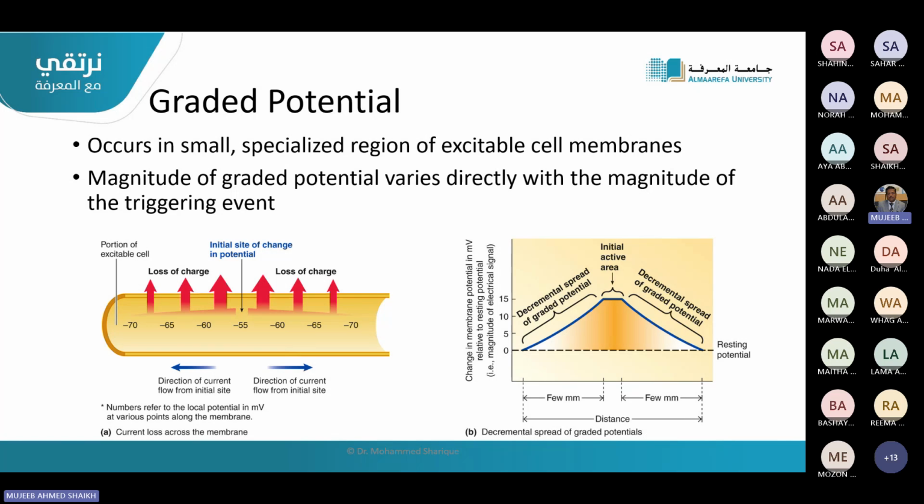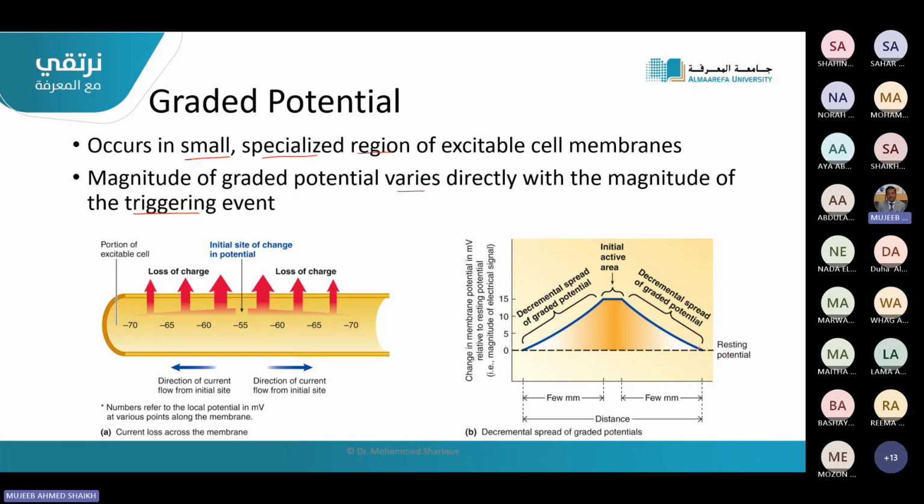So you have to remember that graded potential occurs in a small, specialized region only, in a local area only of the excitable membrane, and it will vary depending upon the force by which it is happening. If the force is small, the opening of channels will be small, and the potential will change in a very little quantity.